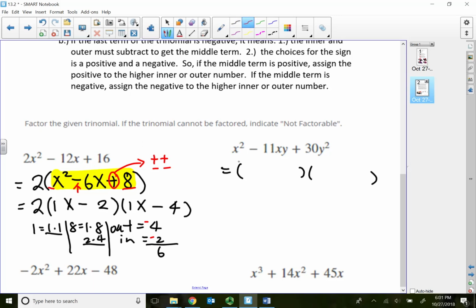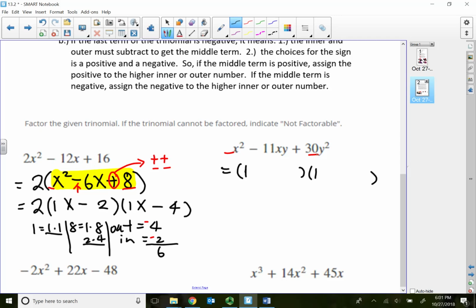Step number 2, find all the factors of the first term and the last term. For that 1x squared, that would be 1 and 1. Eventually I'm going to stop writing this 1 and 1, but let me go ahead and do it now. Factors of the first term: 1x and 1x.